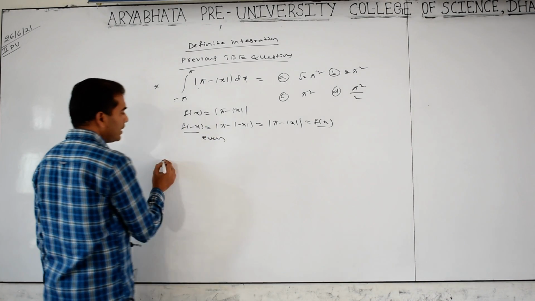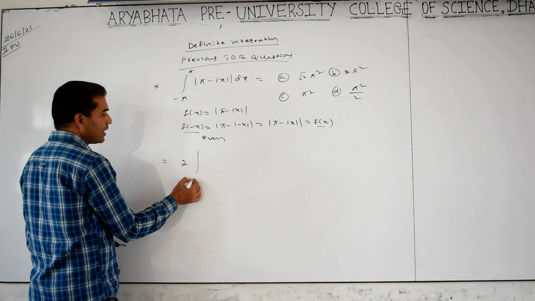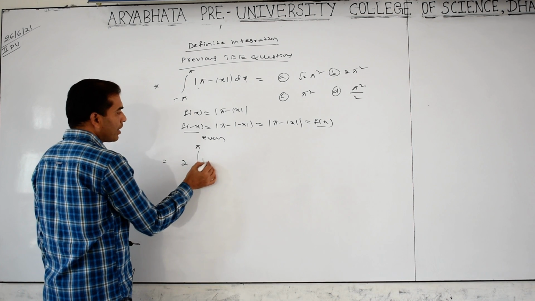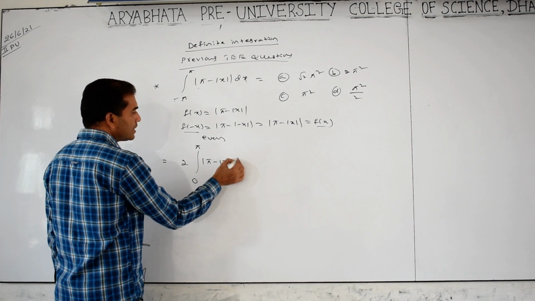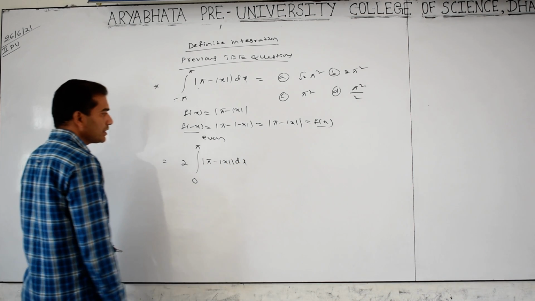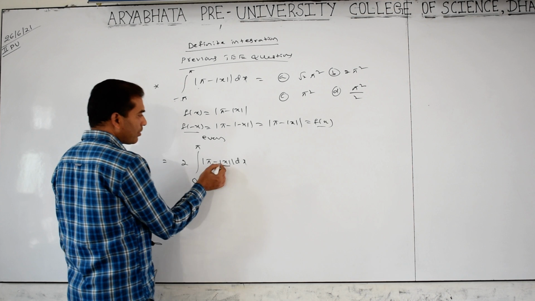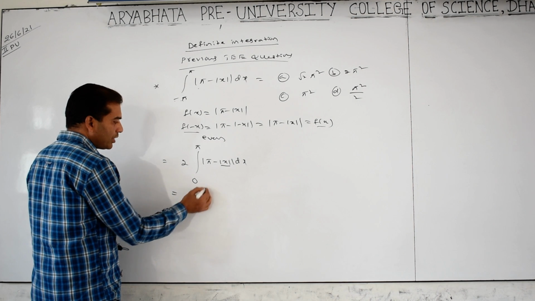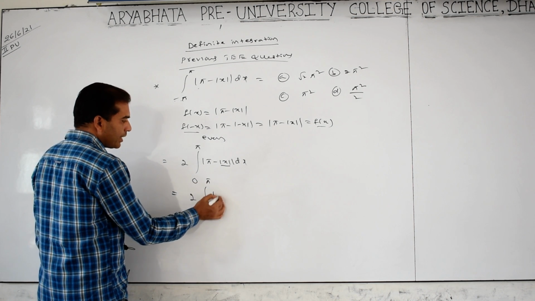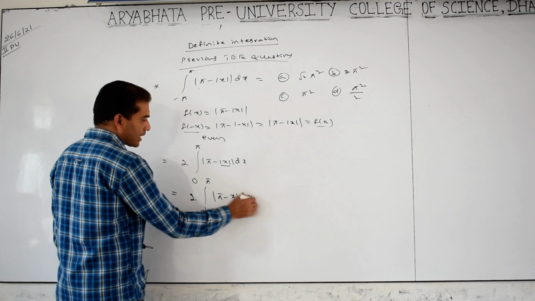If it is even, we can write 2 into integration of 0 to pi mod of pi minus mod x dx. In 0 to pi, x is positive, so mod x is x: 2 into integration of 0 to pi of pi minus x dx.